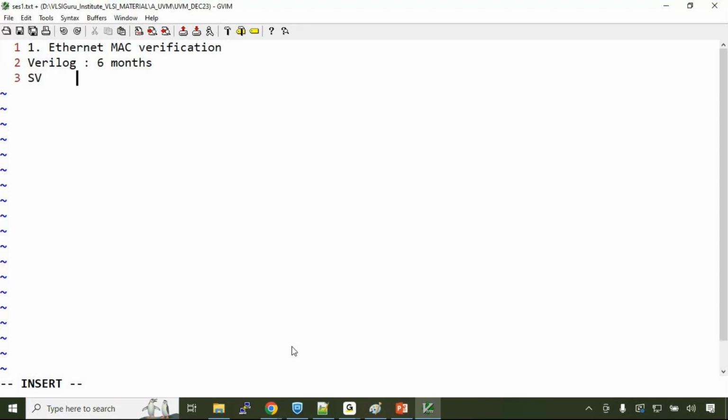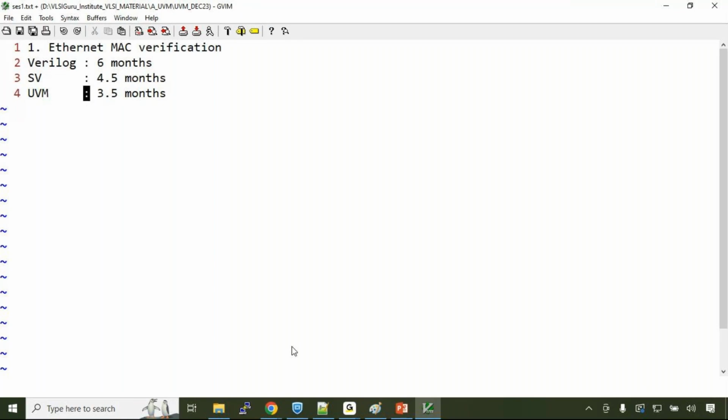SystemVerilog can do the same thing in let's say 4 or 4.5 months. UVM can do the same thing in 3.5 months. That's the kind of improvement you get.